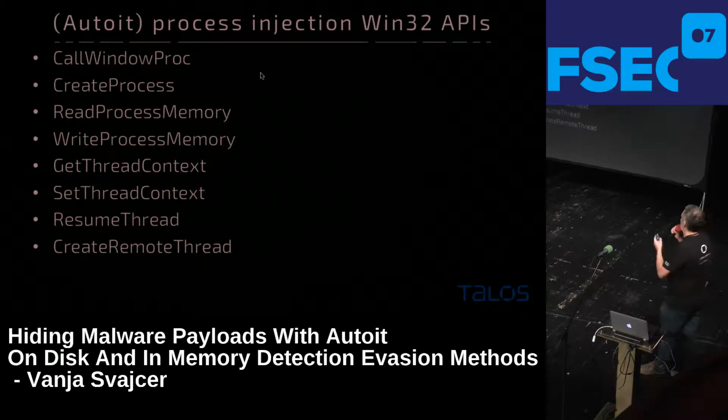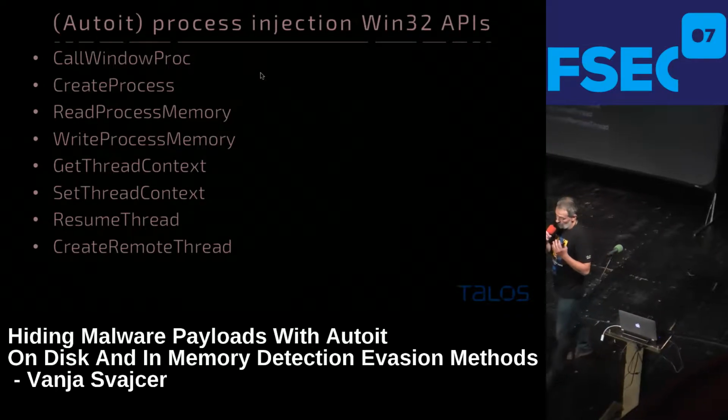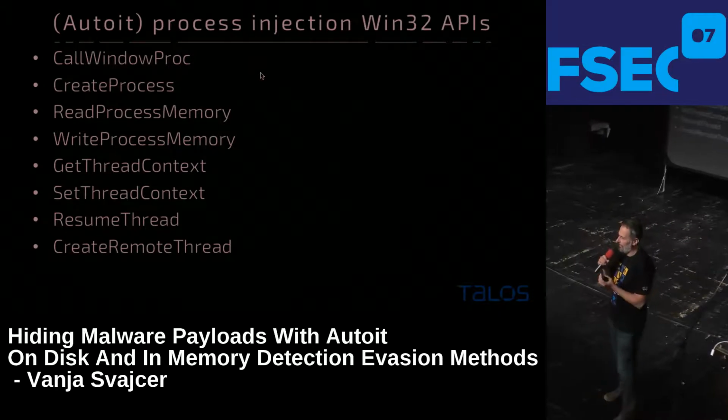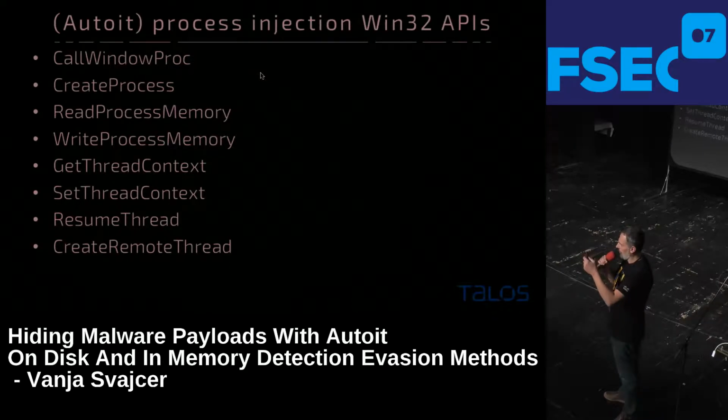And then we also have the Windows 32 APIs. I won't go through them; I think they're all well known for people who are analyzing. One of the things perhaps worth mentioning is the call Windows proc, which, as far as I've seen, is used by Autoit malware to launch this first stage of shellcode, which basically decrypts the PE payload from the disk to the memory.